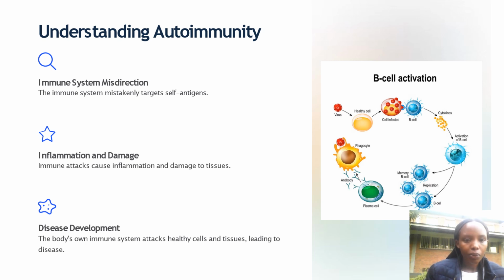So now let us see the first one, immune system misdirection. The immune system mistakenly targets self-antigens. The second one is inflammation and damage. For inflammation and damage, immune attacks may cause inflammation and damage to tissues.